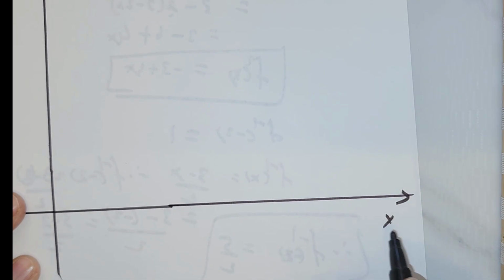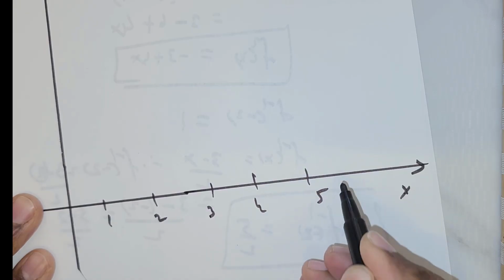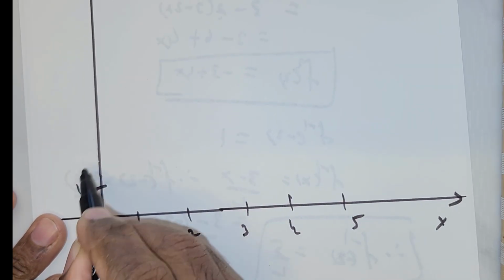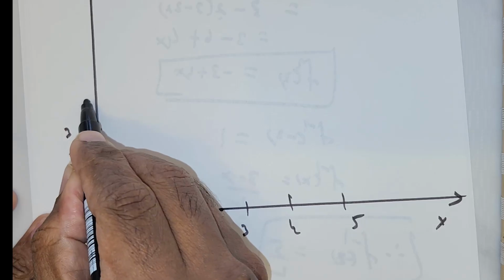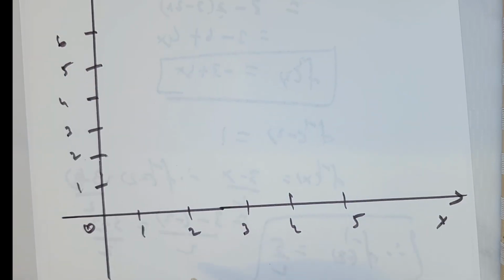So this is the x-axis, this is the y-axis, this is 1, 2, 3, 4, 5, and this is 1, 2, 3, 4, 5, 6, and this is 0.